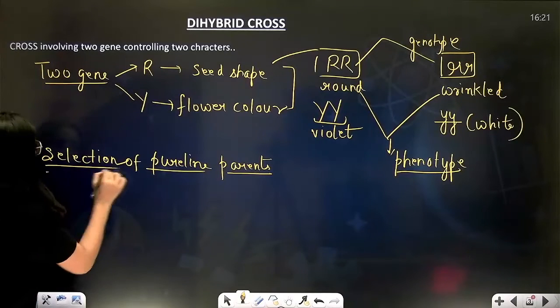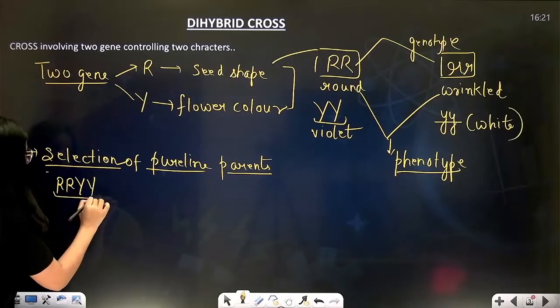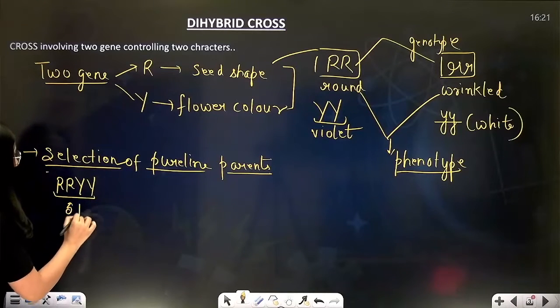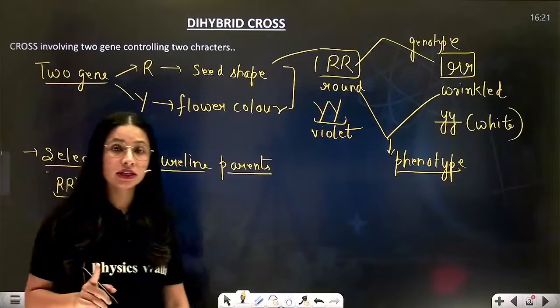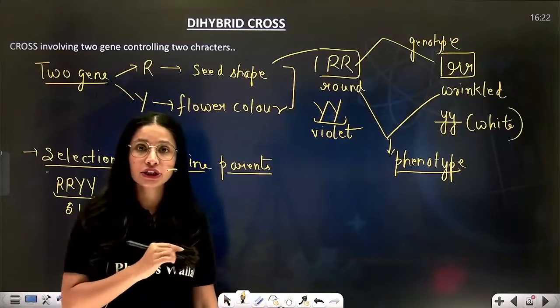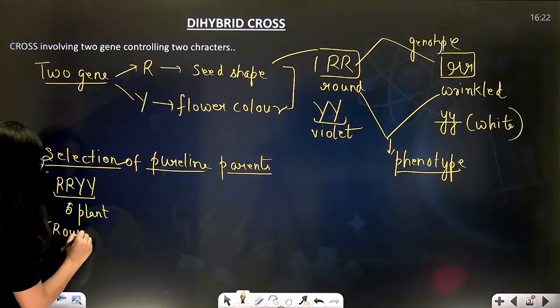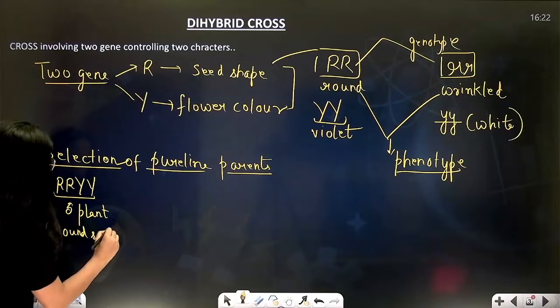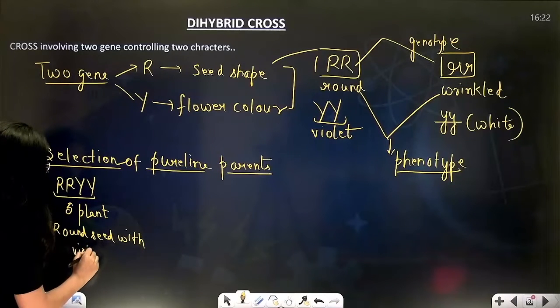Now, suppose this is my male plant, which is homozygous dominant for both the genes, that is, this is the genotype. So the phenotype of this plant will have round seeds with violet flowers.